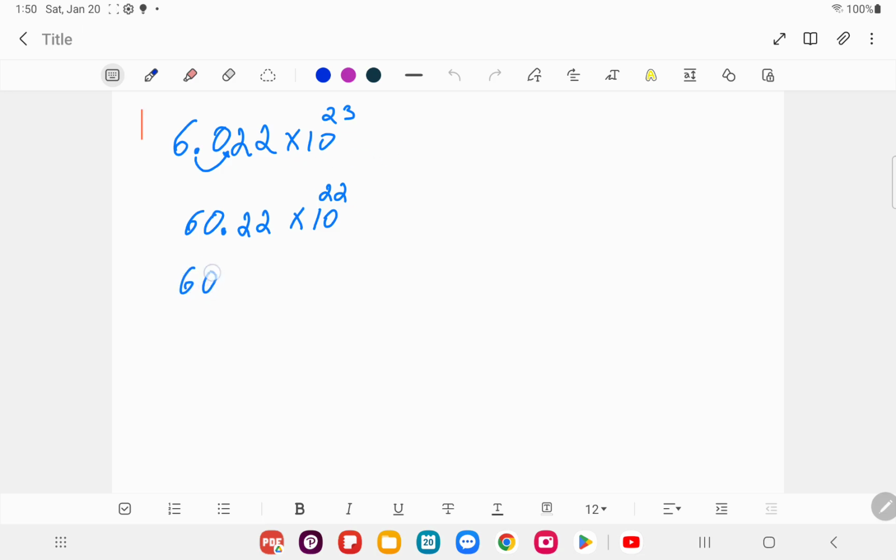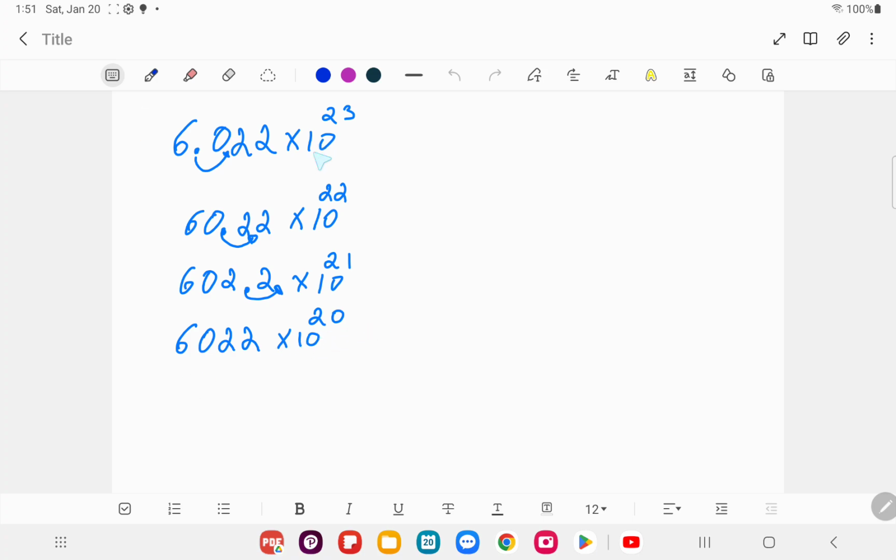If I move it one more space, I have 602.2, but now there are 21 places left to move the decimal point. Or this could be 6,022 times 10 to the 20 spaces. Now the decimal point is here, so I have 20 more spaces to go.